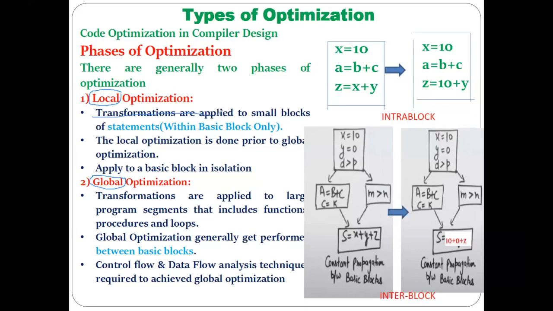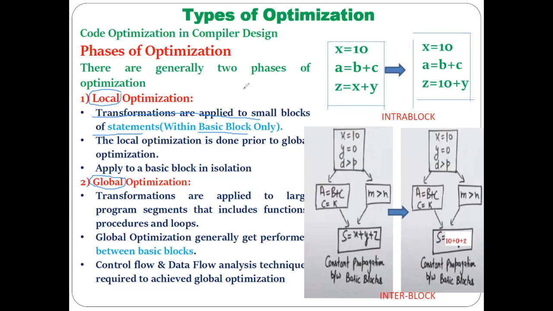Transformations which are applied to small blocks of statements, meaning optimization or modification or rearrangement which is done to only a small block of statements. Small block of statements in the sense of only a single basic block.